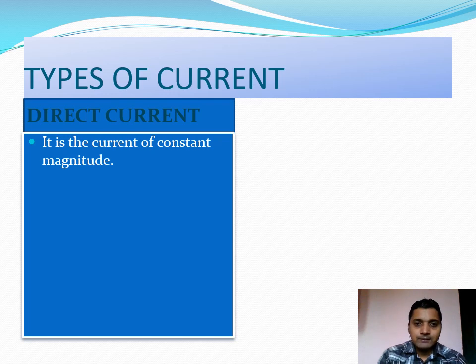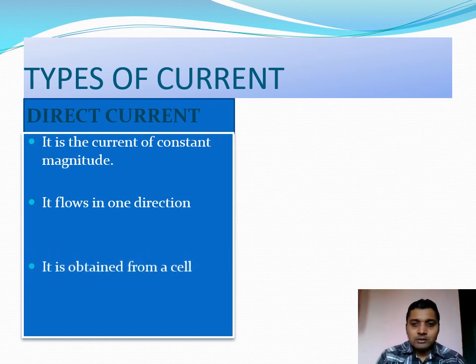Second, it flows in one direction, with no change in the direction of flow of current. The source of direct current is a cell or battery, which we use in mobile phones, torchlights and remotes. A combination of cells we can call a battery. So the source of direct current is the cell.